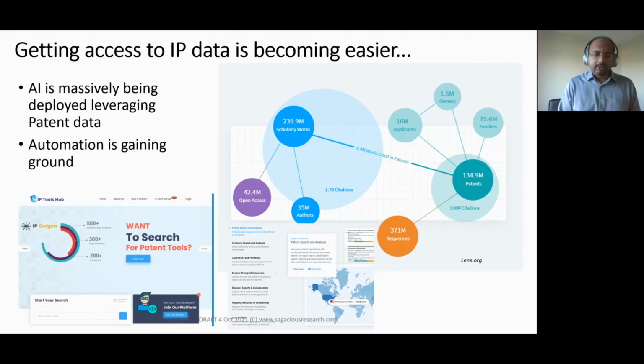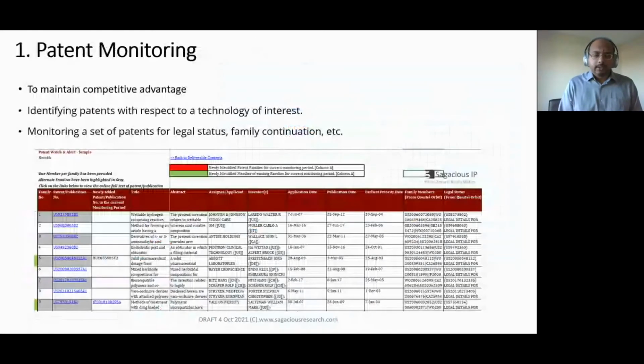This is an upcoming trend, and there are a lot of tools out there offering a lot of information. But you could just look at simple tools like lens.org or Google Patents to start with your quick searches and identify information that might be useful for you.